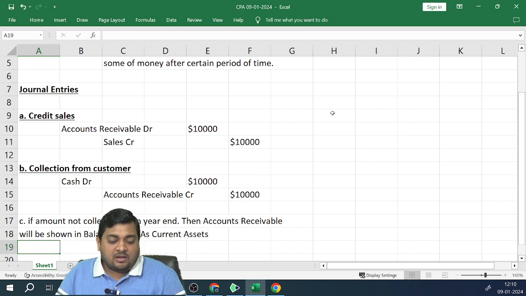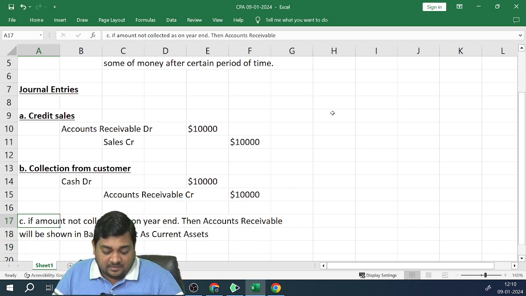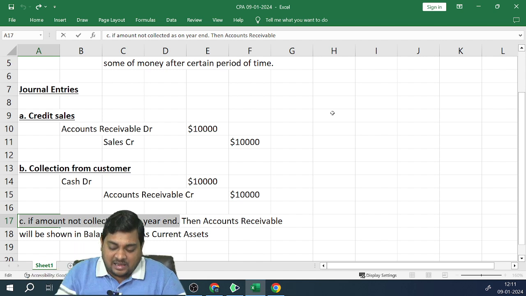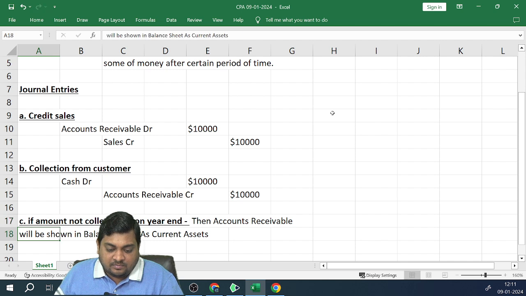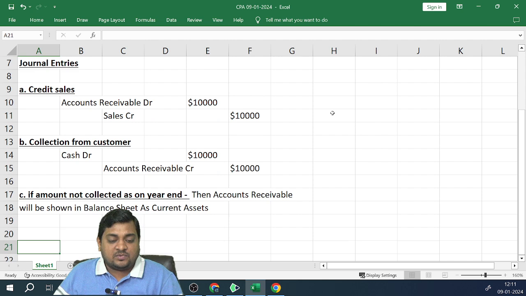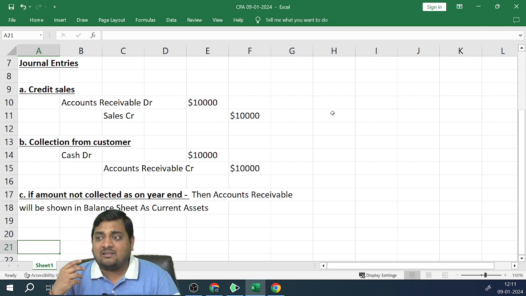Now if we haven't collected this amount as of year end, then this amount due will be shown as current asset in the balance sheet, right? So accounts receivable will be shown in the balance sheet as current asset. This is what we have studied in our +2 level.